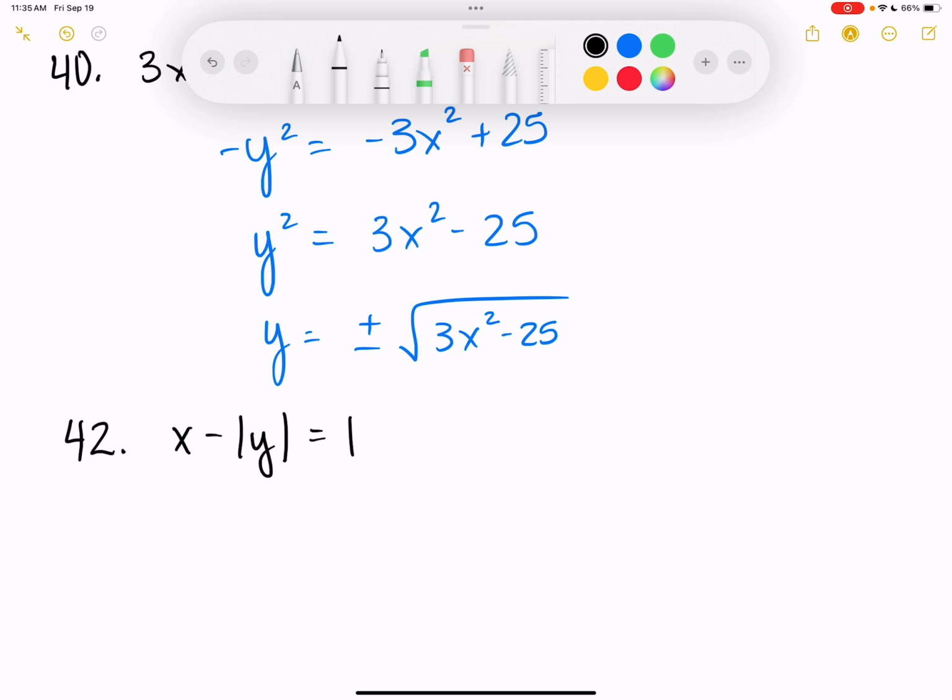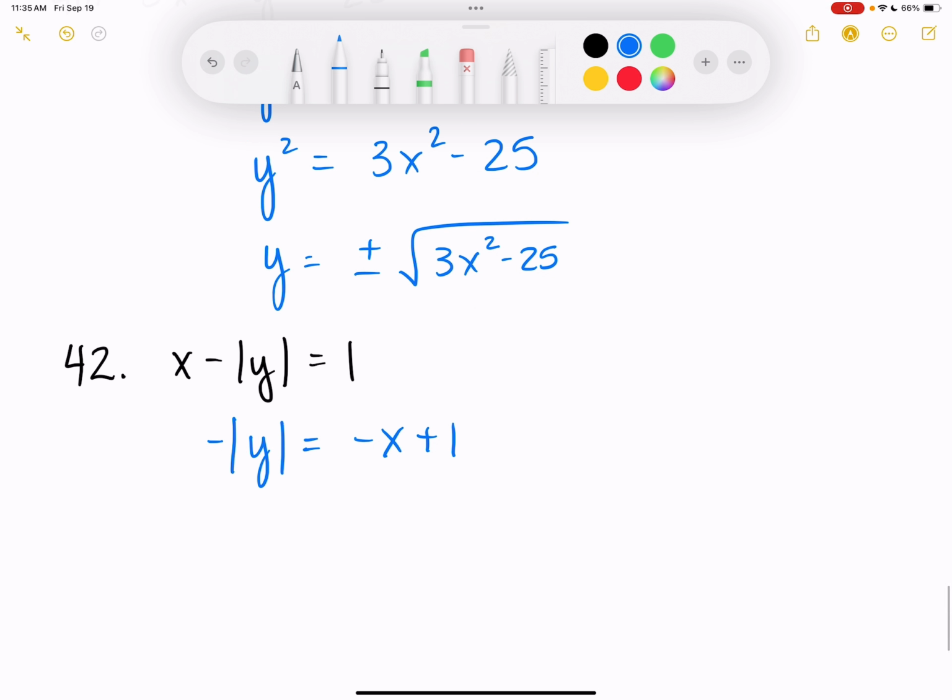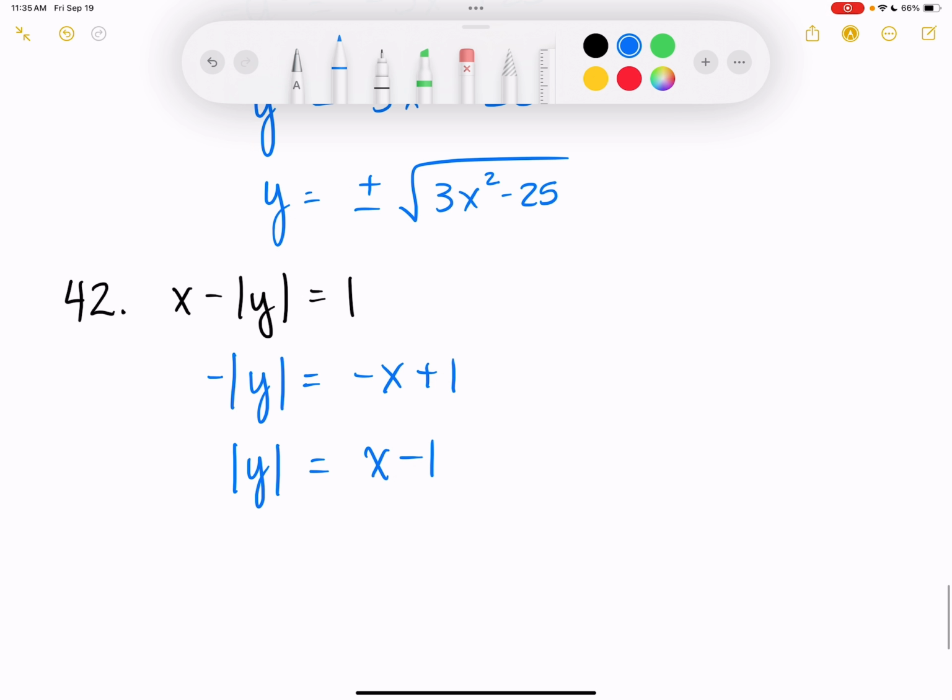So I need to get y by itself. Minus x. So negative absolute value of y is equal to negative x plus 1. Now I can divide by my negative. So I still have the absolute value of y is equal to x minus 1. Plus or minus? Not yet.